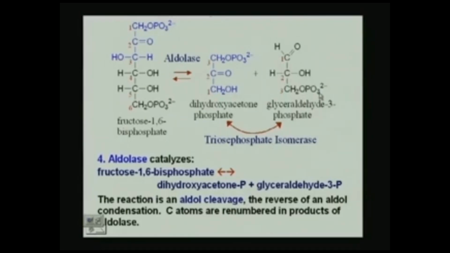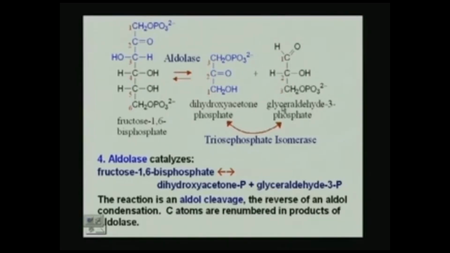So the phosphate now is distributed in the 2 3-carbon units, right? So this is the ketone form, this is the aldehyde form. What are these? Isomers.